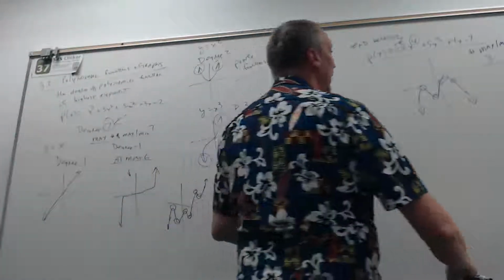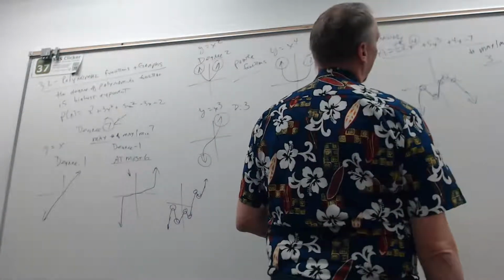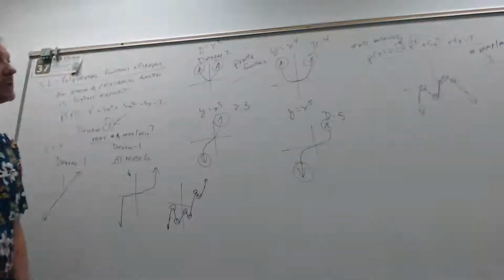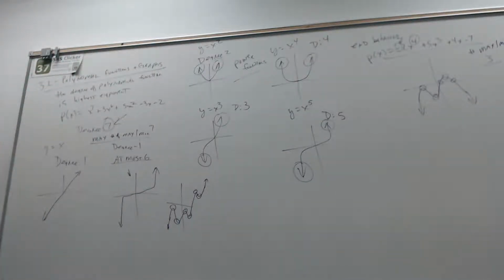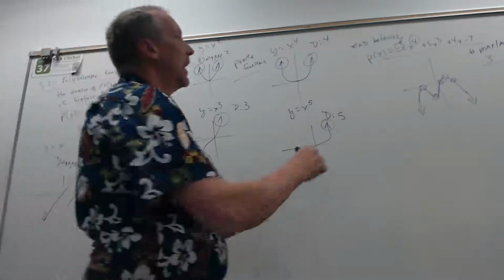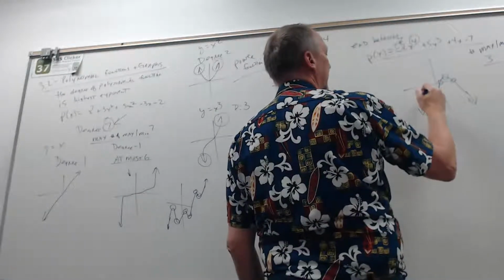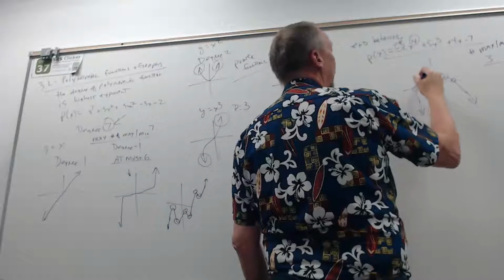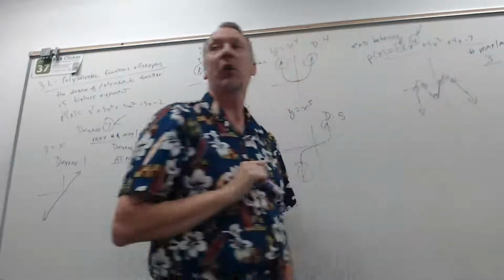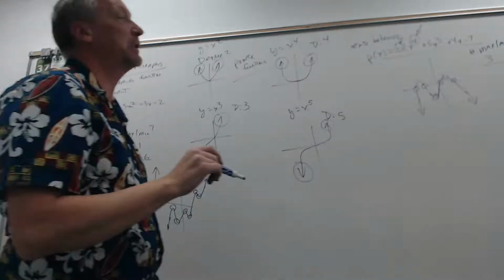Wasn't that the max number of minimums and maximums though? Yeah, it goes above. Because if it crosses 3 times, it's going to have 6 crossing points. Oh, it could. You're right. If I redrew it like this, it could have 4 total places to cross, but it's only going to have 3 maximums and minimums.